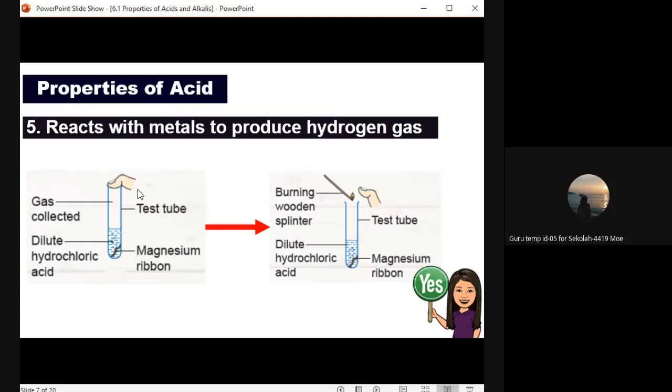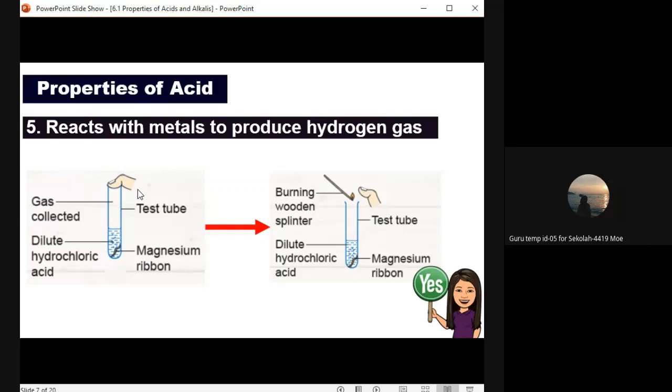Two tests to identify which gas is released, right? So untuk burning wooden splinter ni, what type of gas? There are two gases, right? Hydrogen and oxygen. So for the burning wooden splinter, it is to test what gas?